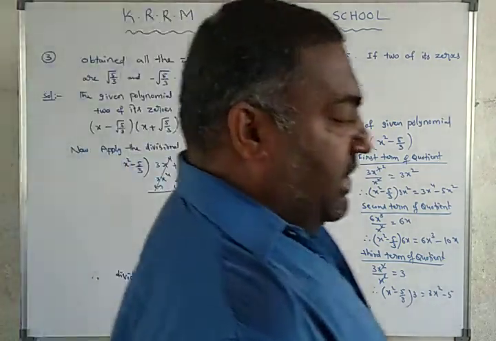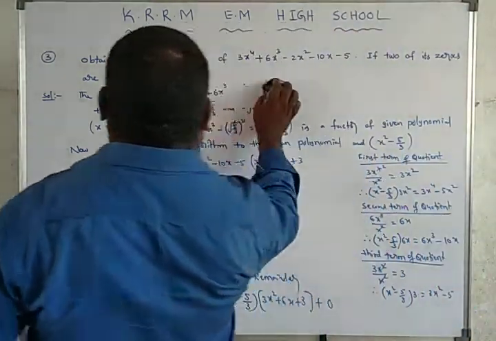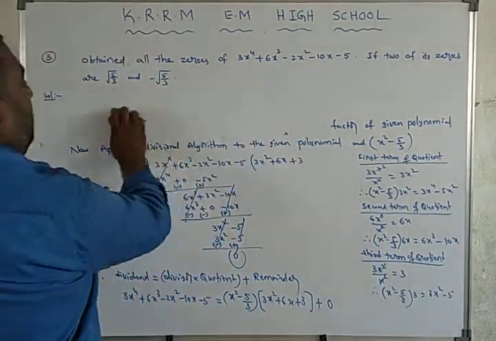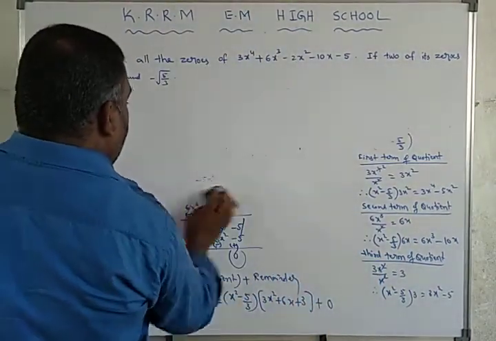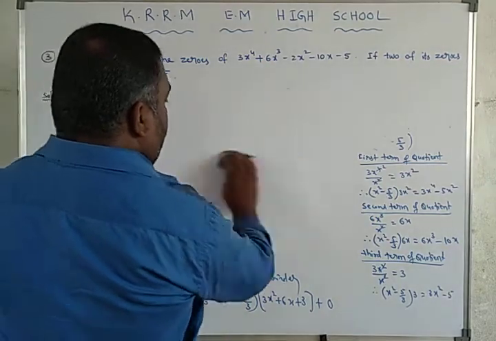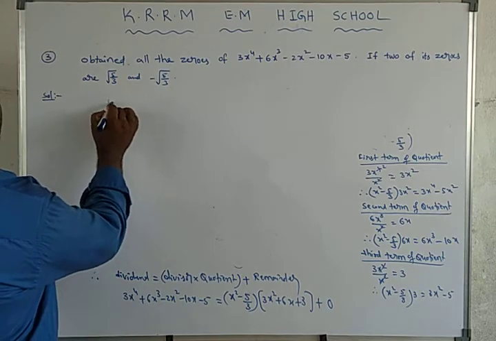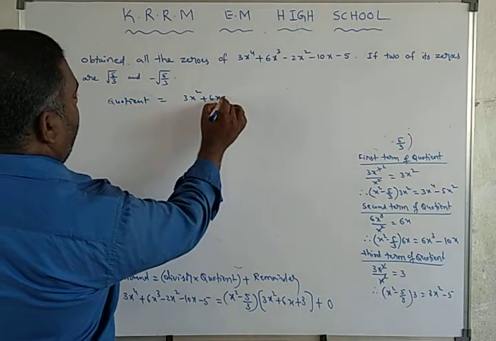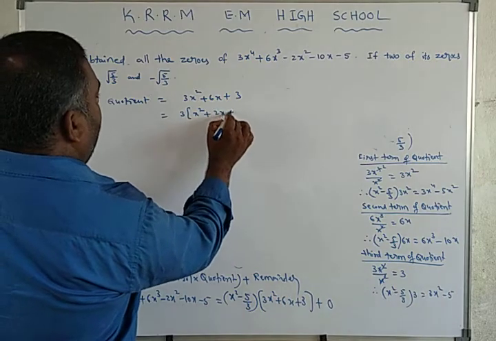So the quotient is equal to 3x square plus 6x plus 3. We factorize this one by taking 3 as common: x square plus 2x plus 1.